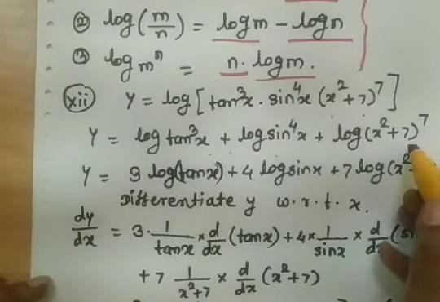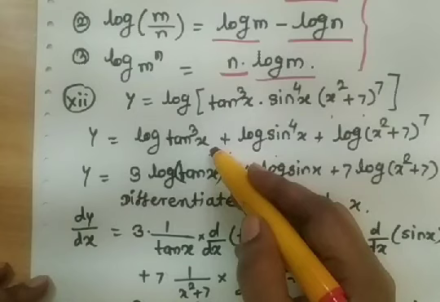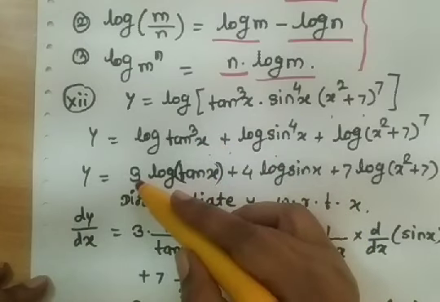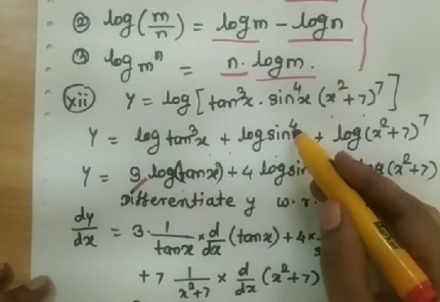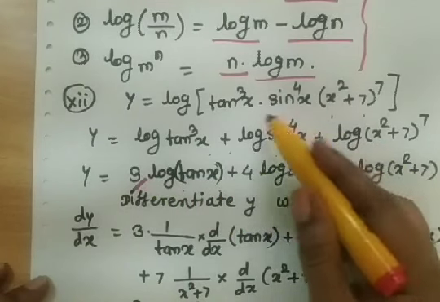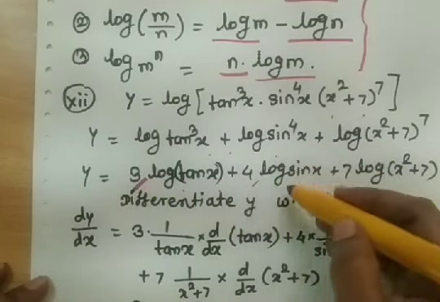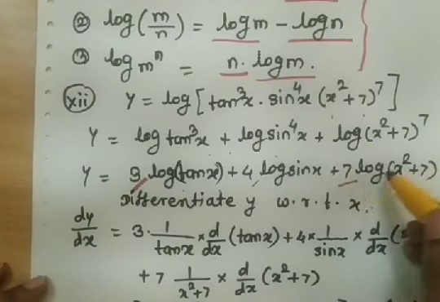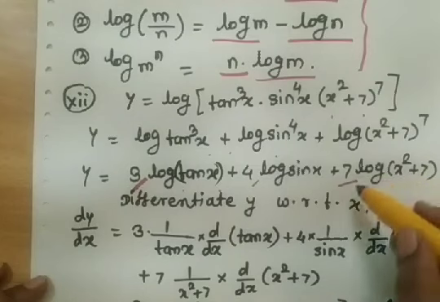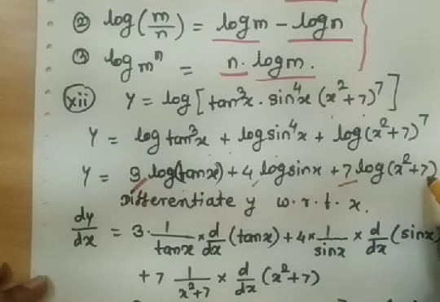It becomes 3 into log of tan x, plus 4 into log of sin x, plus 7 into log of (x square plus 1), in the form n into log of m.